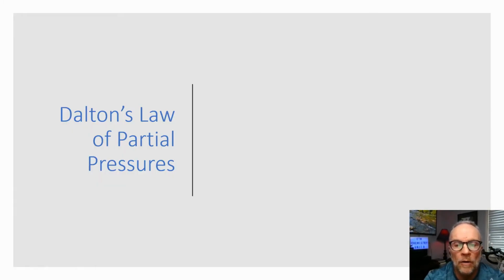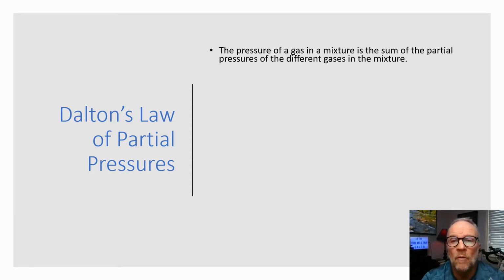Okay, so now we are going to figure out how to handle partial pressures. Sometimes you will have a gas mixture with different gases in it, and you'll need to be able to figure out maybe the total pressure of the gas, or maybe just the partial pressures of each of the individual components of the gas. And so there is a law called Dalton's law of partial pressures. What it says is if you have a mixture of gases, the total pressure of the gases in that mix is equal to the individual partial pressures.